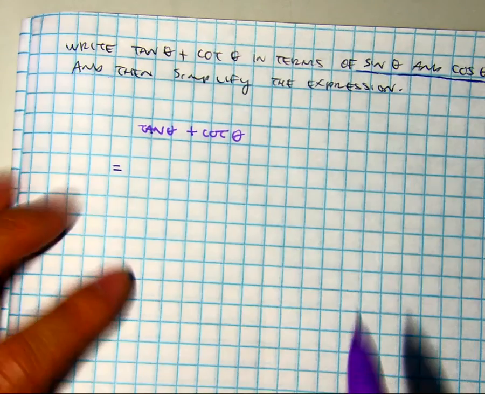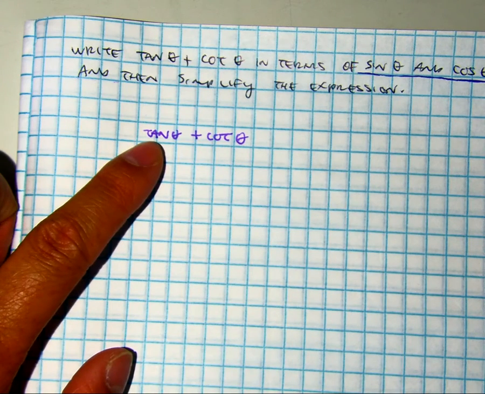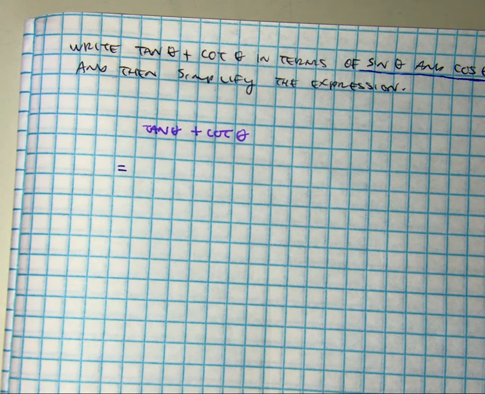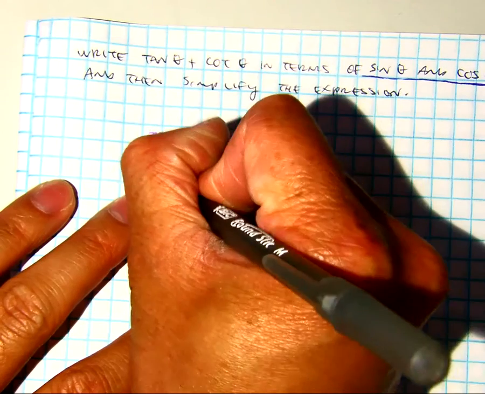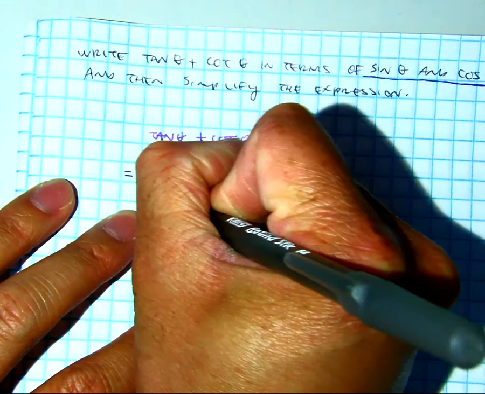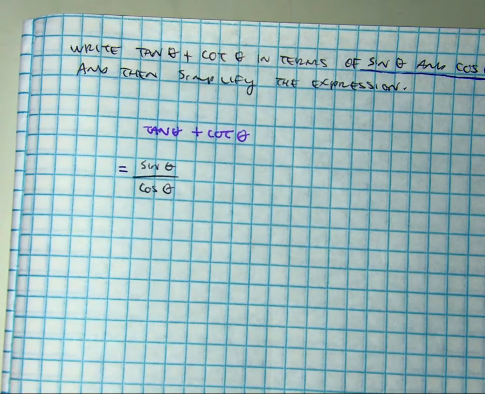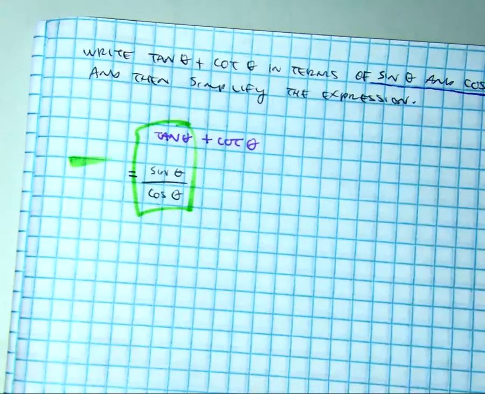Unit for tangent. How do I change them into sine and cosines? Why? Which identity? Quotient identity.